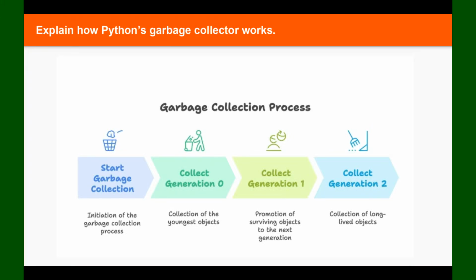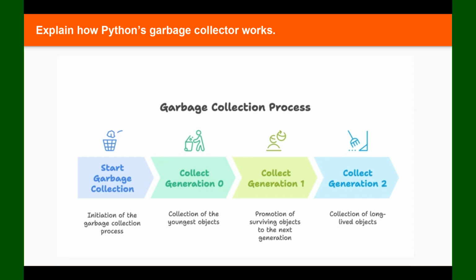Explain how garbage collection in Python works. The Python garbage collector is a built-in mechanism that automatically reclaims memory by removing unused objects, helping prevent memory leaks and freeing developers from manual memory management.